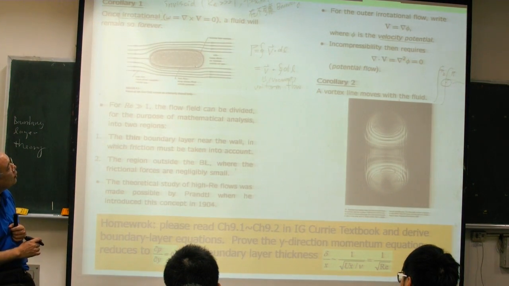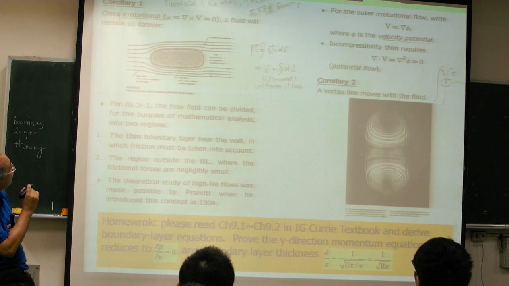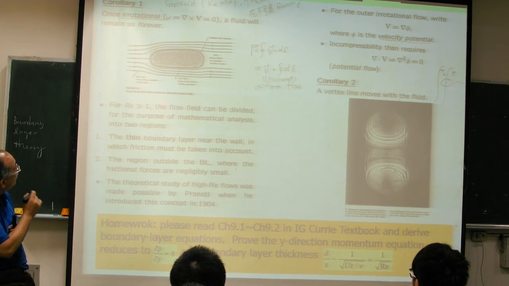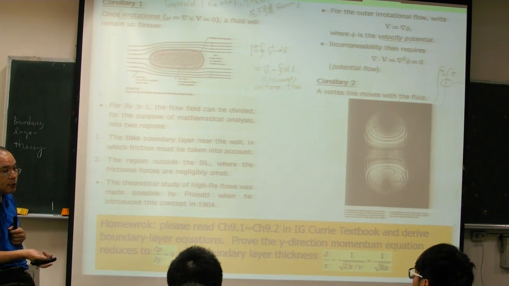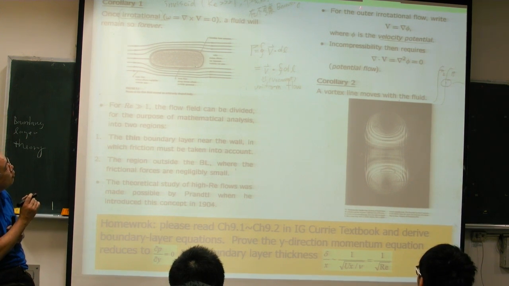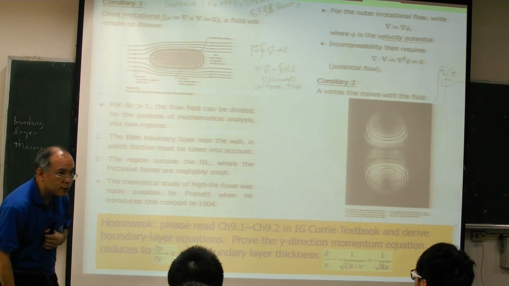And the flow out here is not influenced by the viscous effect, because only the boundary layer region has a viscous effect. So for the outer region, we can neglect the viscosity, and we can also assume this is irrotational flow.